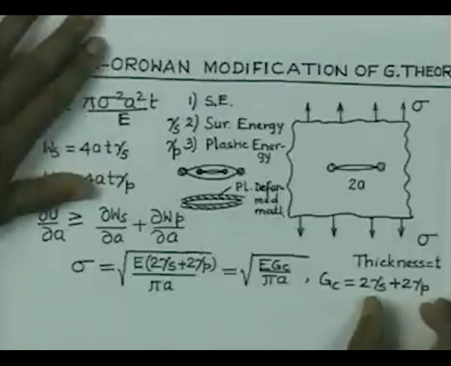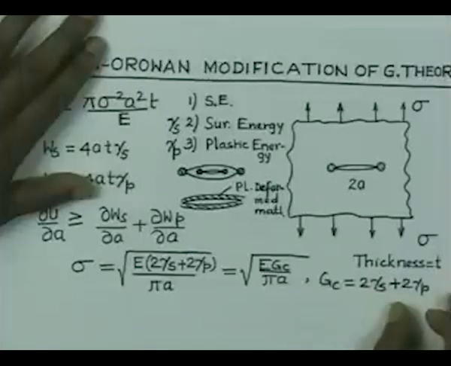So, therefore, this indicates the material property. This much of energy is needed for the crack extension or for unit crack extension. So, this is a material's resistance to fracture.